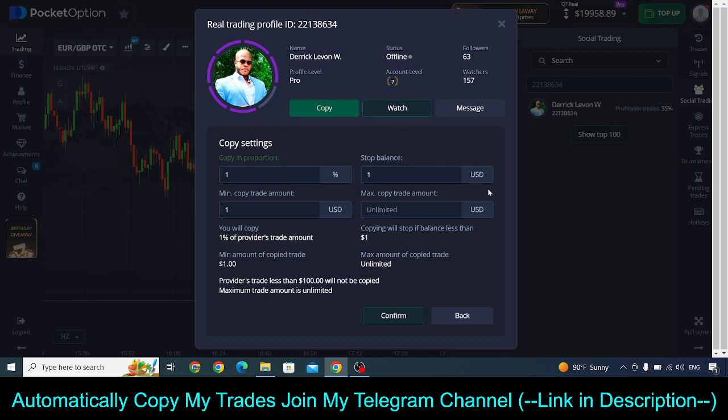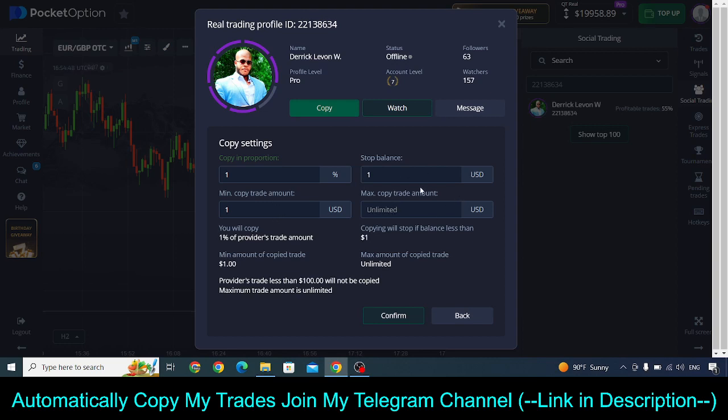Now why I'm telling you this is because those VIP copy traders who are already copying me, if they increase or decrease anything here, then all of my trades don't get copied to their account. I don't know if that is a glitch of this Pocket Option platform, but that is happening with lots of traders. That's why I don't suggest anyone to make any changes in these 3 boxes.